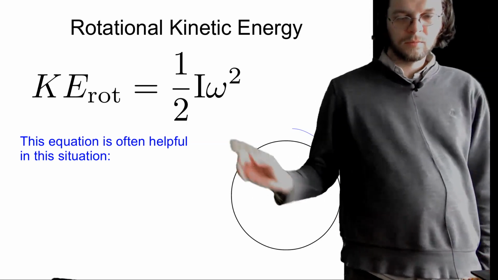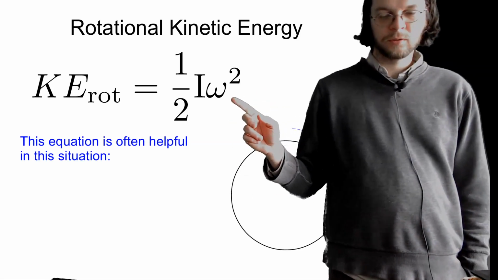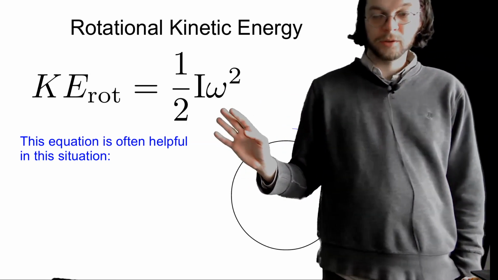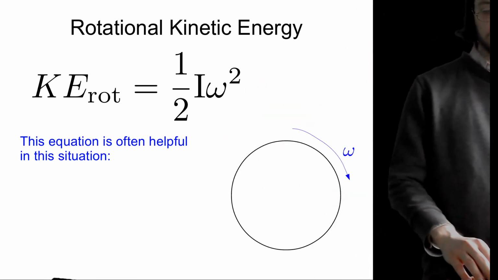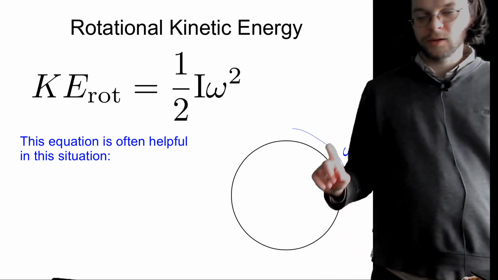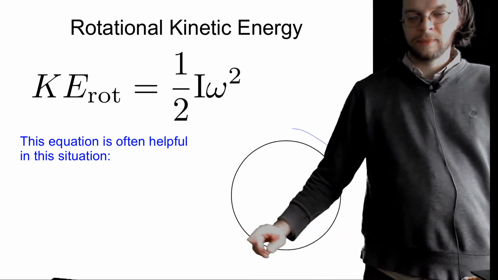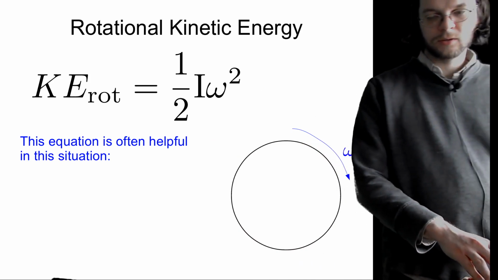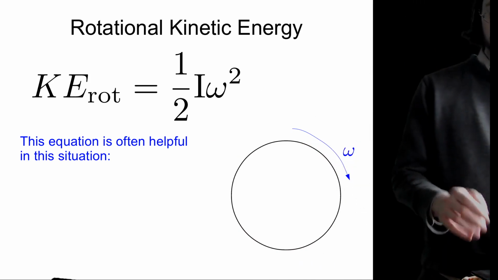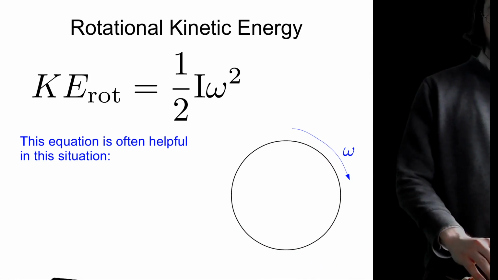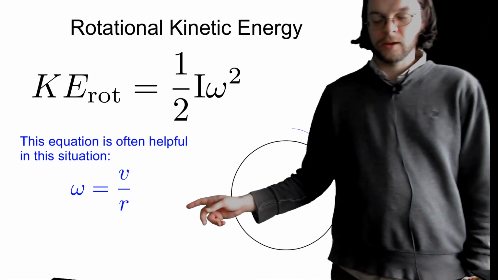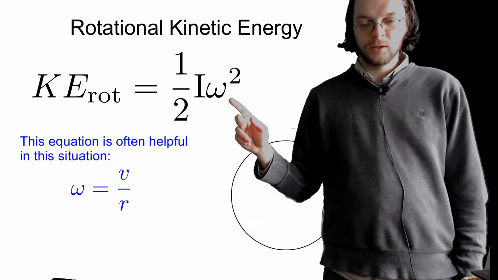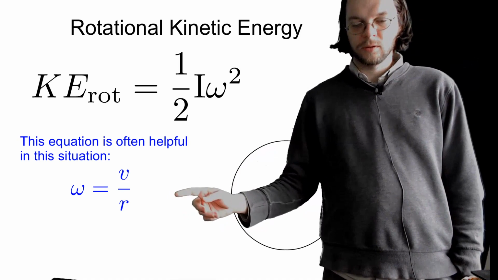So often we're going to use this equation, and when we use it, the following equation is very helpful, which I introduced way back before midterm 1: the velocity of the edge of this wheel is related to the radius times the angular speed, v = rω, which means the angular speed is the velocity divided by the radius, ω = v/r. So often we want to figure out the rotational kinetic energy, and the next step is often there.